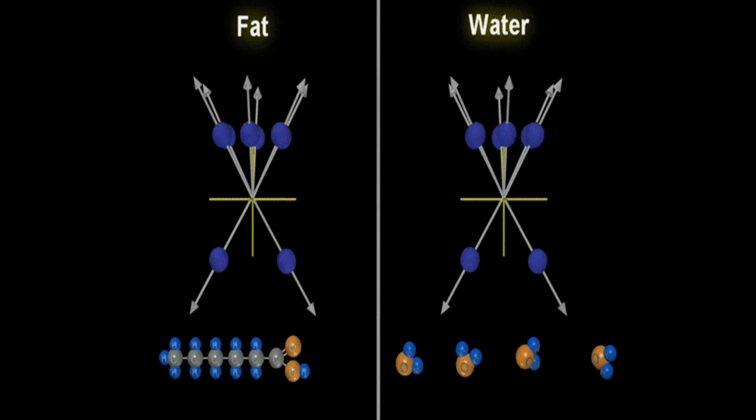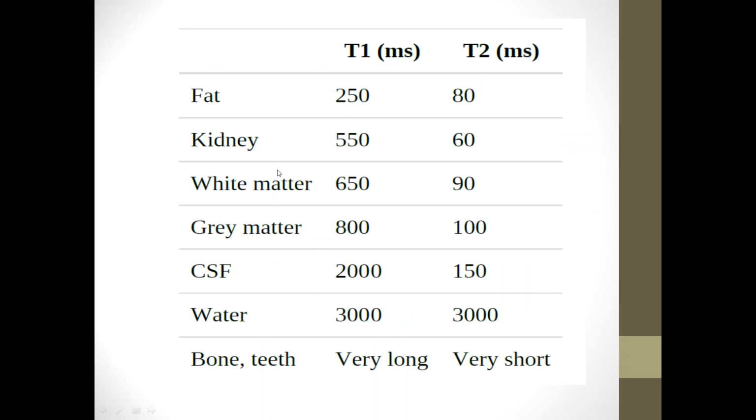We talked before about fat and water. So now this is the T1 constant and T2 constant. Now we understand well the difference between the T1 constant and the T2 constant. The T1 constant is related to longitudinal magnetization, while the T2 constant is related to transverse magnetization.